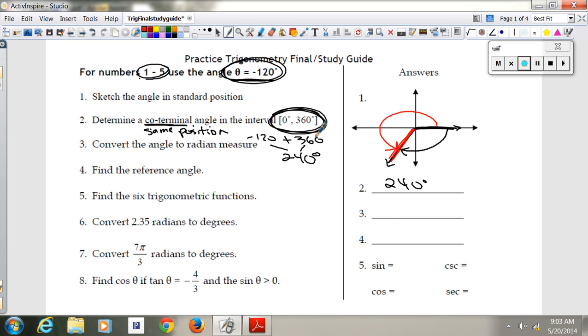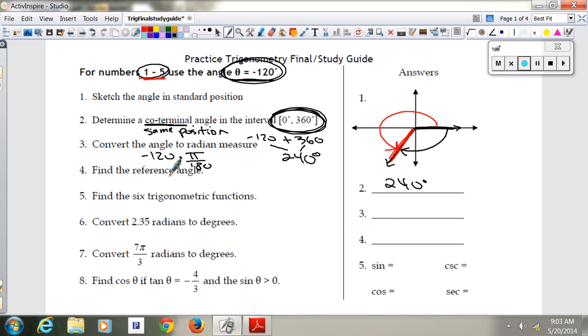Now convert the angle to radians. We're staying with the negative 120 for 1 through 5. Converting it to radians, you would take the negative 120 and multiply it by pi over 180. Changing from degrees to radians, you multiply by pi over 180. And then you just reduce. I would try to cross cancel.